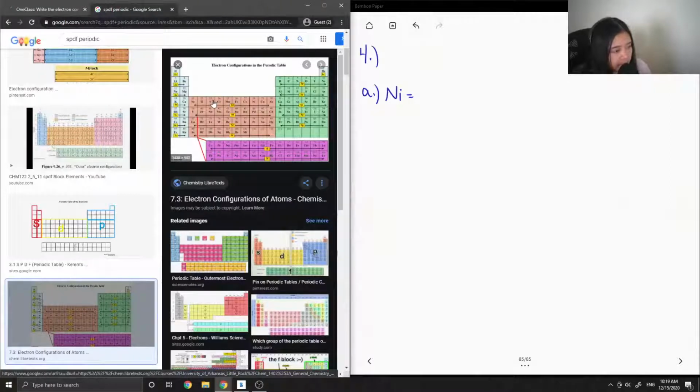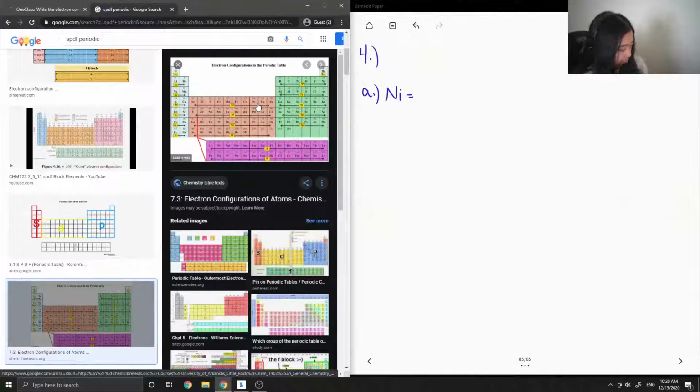In this case, it is nickel, which is found... Where is nickel? Here. So it has the atomic number 28. So we can also verify that the electron configuration is correct by counting out all the electrons. In nickel, there should be 28.